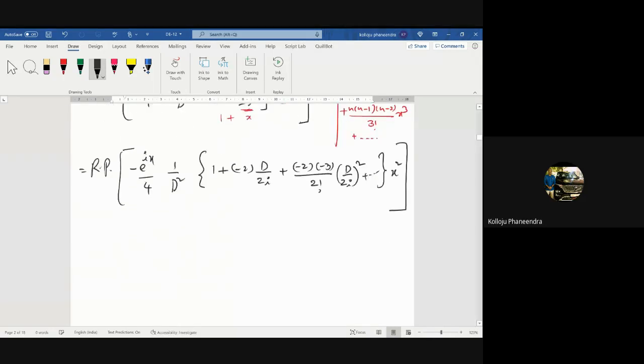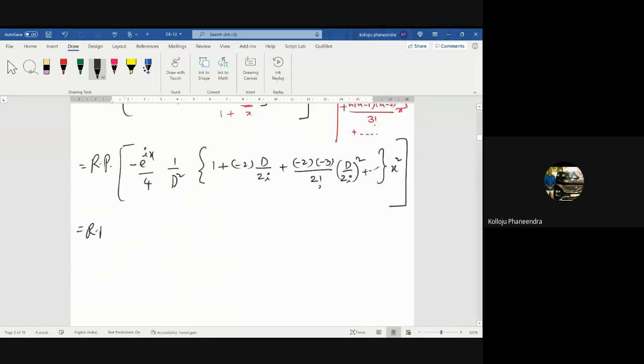Now, this is the real part of negative e to the power of ix by 4, 1 over D square. Now take x square inside: the 2 minus 2 gets cancelled, 1 over i, D of x square; next one, the 2 gets cancelled, minus plus, and 2i is there.